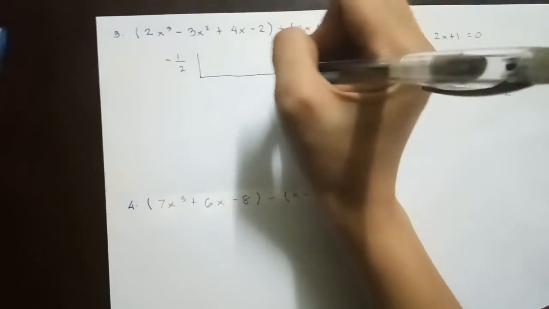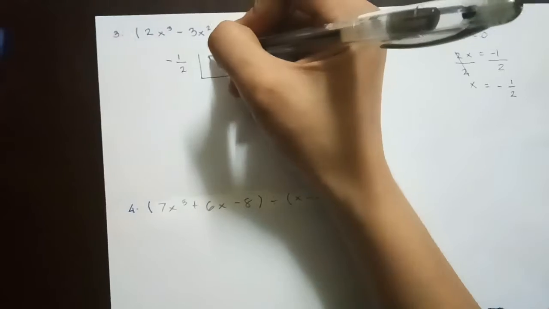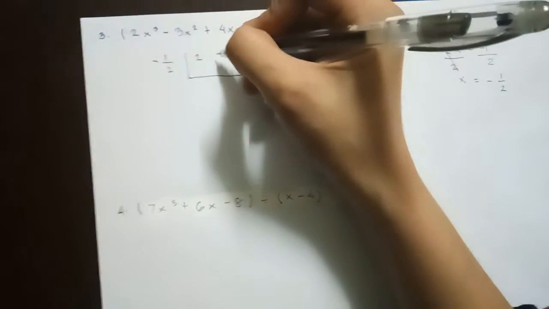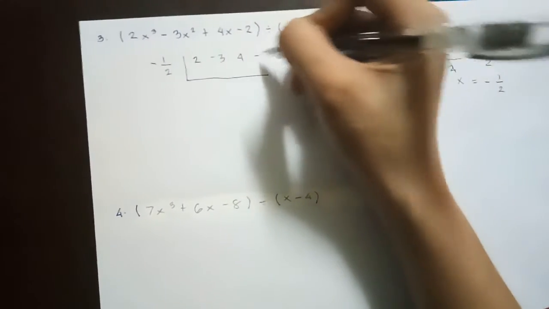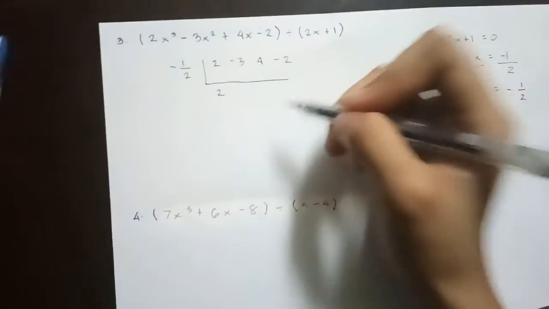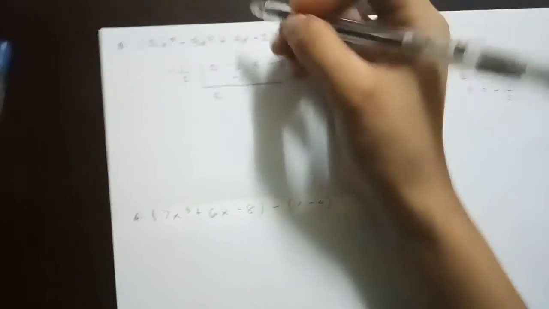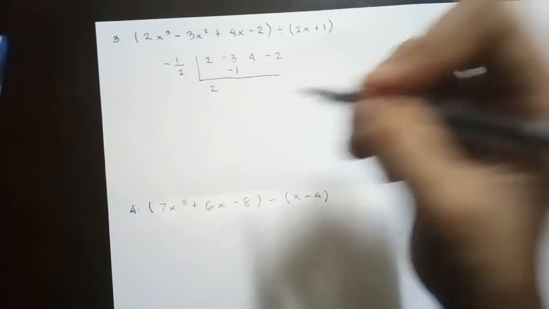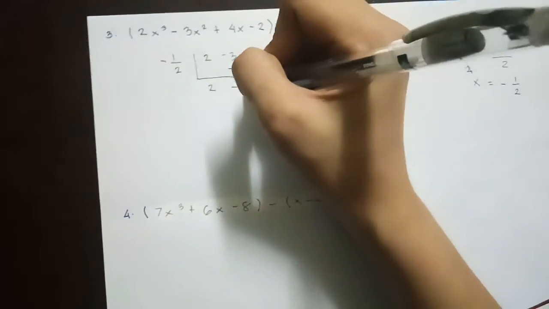And again, we're going to get the coefficients. 2, negative 3, 4, and negative 2. Again, bring down 2. Negative 1/2 times 2 is equal to negative 1. Negative 1 plus negative 3 is equal to negative 4.